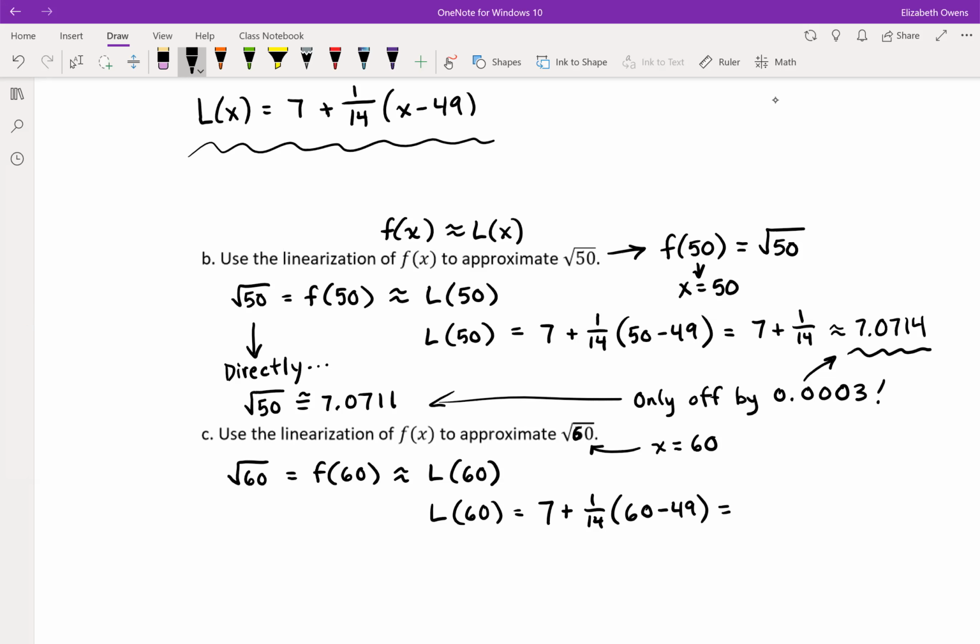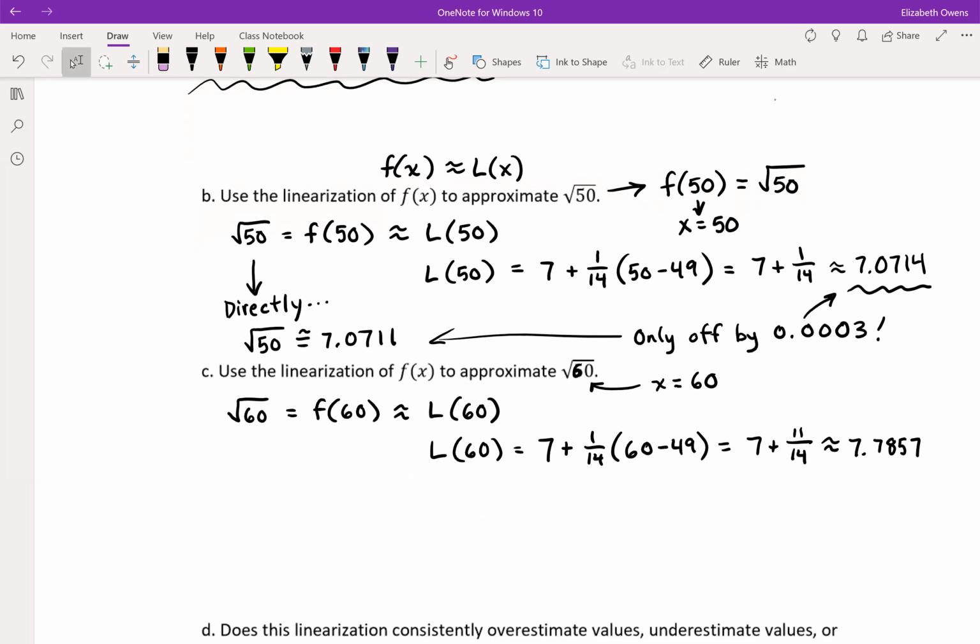And so the exact answer for that linearization value would be 7 and 11/14, or approximately, if we want to round a little bit there, 7.7857.